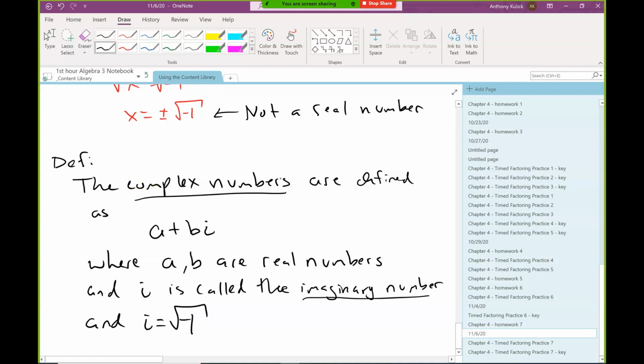So the complex numbers are defined as things in the form a plus bi, where a and b are real numbers, and i we're going to call the imaginary number, where i is going to equal the square root of -1.